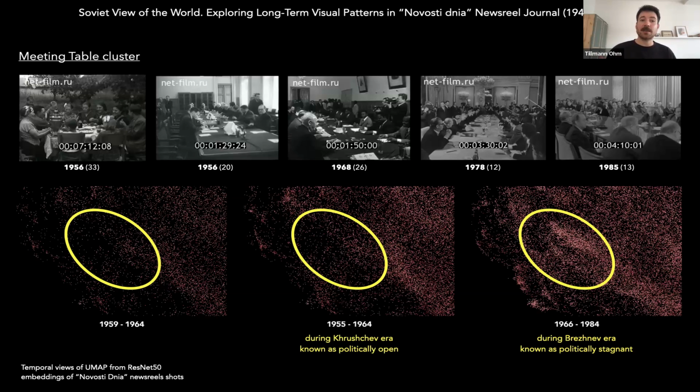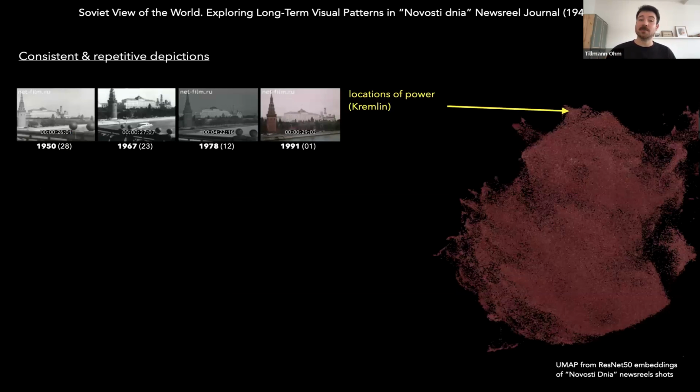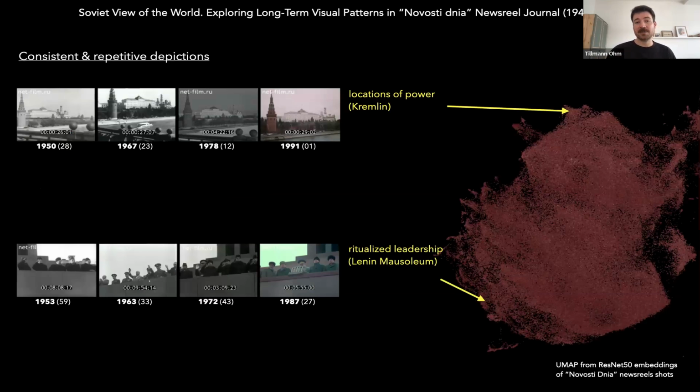So while some motives changed over time, others remained remarkably consistent. For example, the Kremlin was always shown as the central location of power. Its visual representation stayed nearly identical. Leadership was also portrayed in a highly ritualized way, consistently staged in front of the Lenin mausoleum. The only thing that would change are the individual leaders and the fashion, especially the headwear.